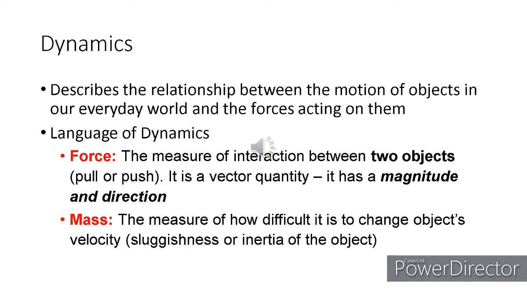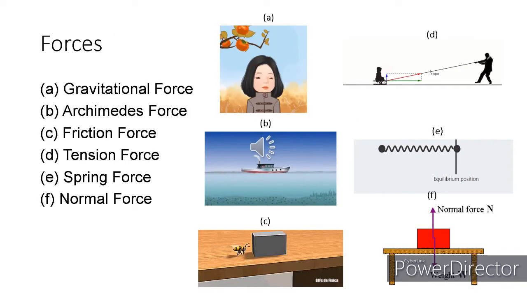That is mass. There are various forces that act on an object in motion. These are gravitational force, Archimedes force or the buoyant force, friction force, tension force, spring force, and normal force.